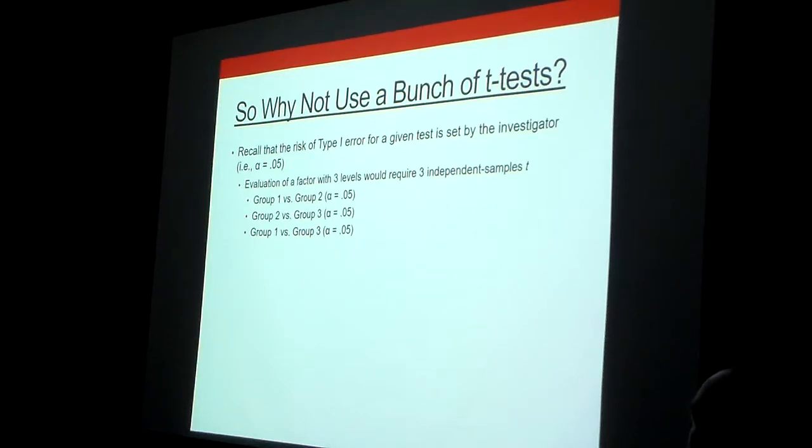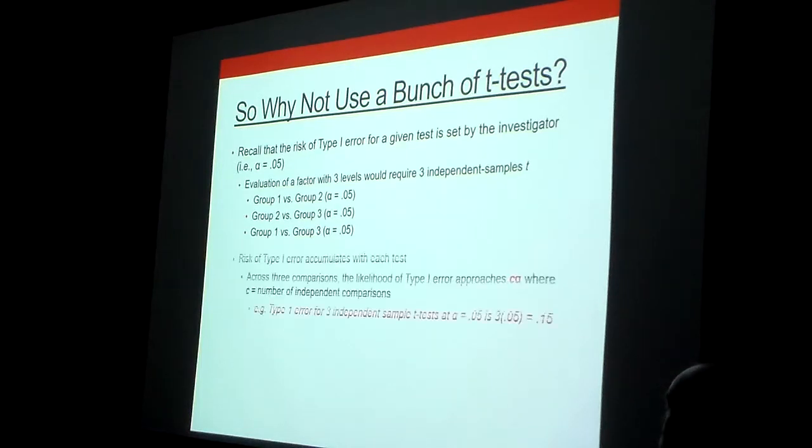But what ends up happening is that if I want to look at mean differences on a factor with 3 levels, it's going to require 3 different independent sample t-tests. I'm going to have to test 1 versus 2, 2 versus 3, 1 versus 3. If I want to look at these in a pairwise setting, there are 3 different tests that I have to go through.